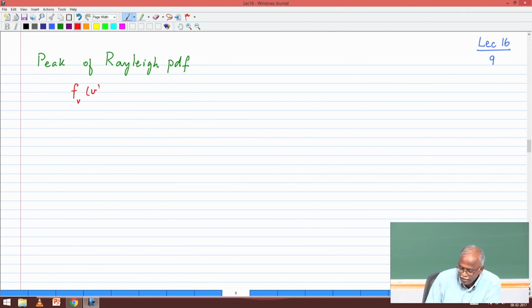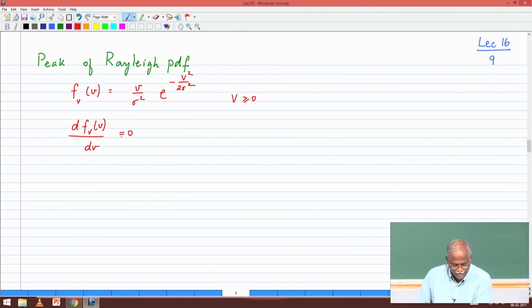The Rayleigh PDF is given by V by sigma squared e power minus V squared by 2 sigma squared, okay, for V greater than or equal to 0. The peak of the PDF basically says that I want to differentiate with respect to V, set it equal to 0, and find out what condition comes out. So, basically the point at which you get the maximum PDF, V squared is equal to sigma squared.